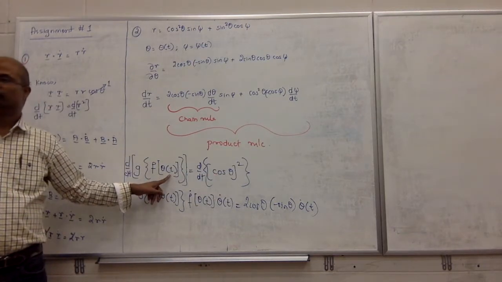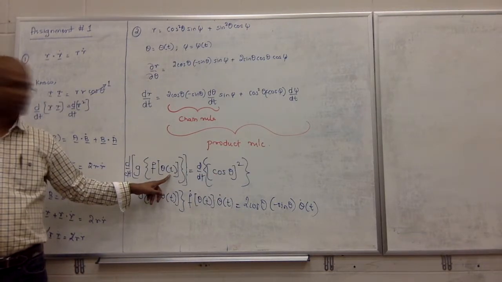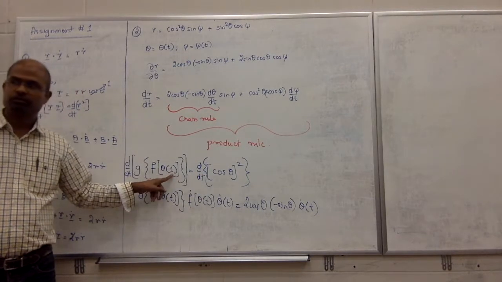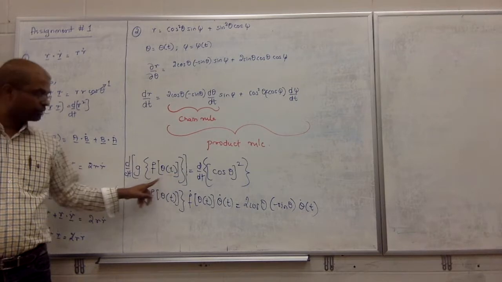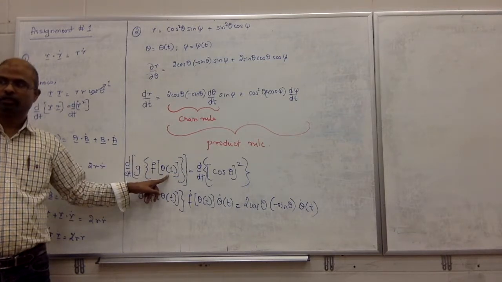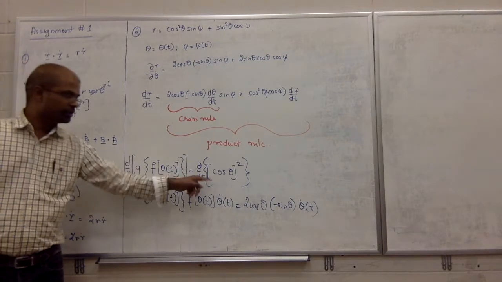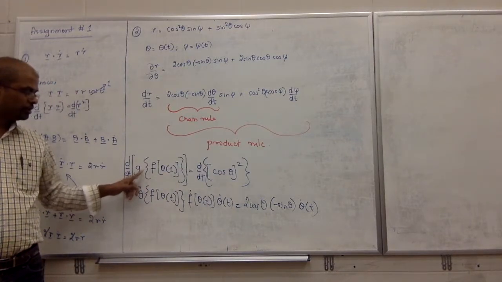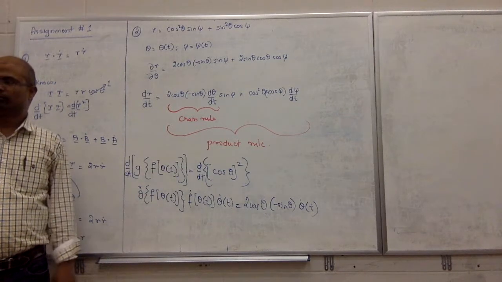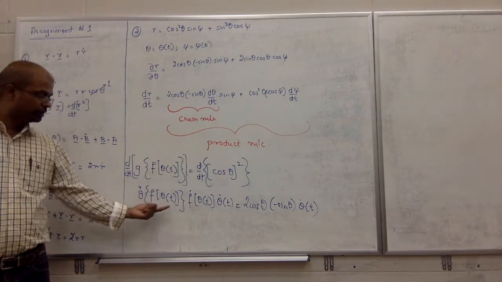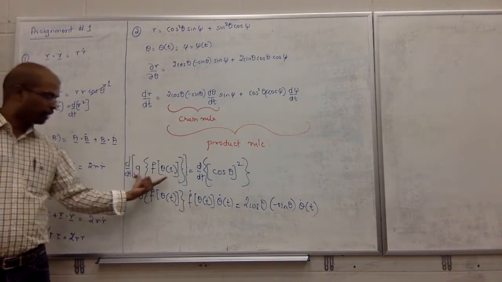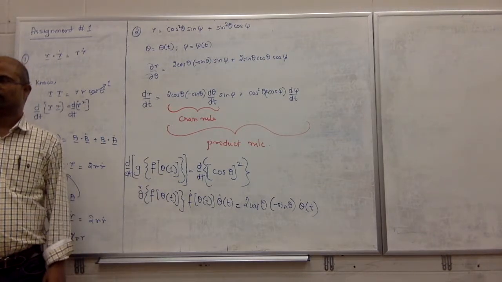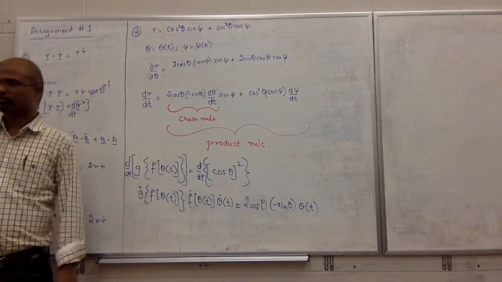Theta of t. Got it? Cosine theta is f of theta of t, a function of theta. You get it? Cosine theta squared is again g of f of theta of t. You understand? When you take the derivative, the chain rule applies to outside, inside, inside. You just multiply that.